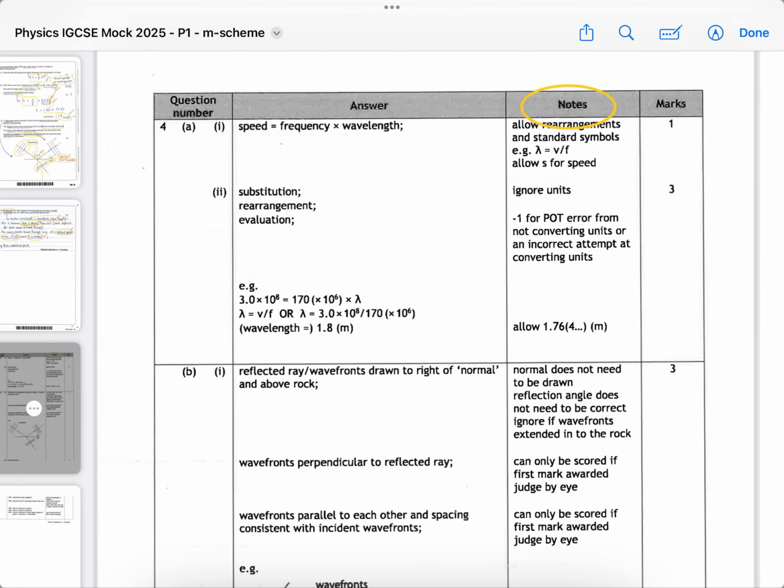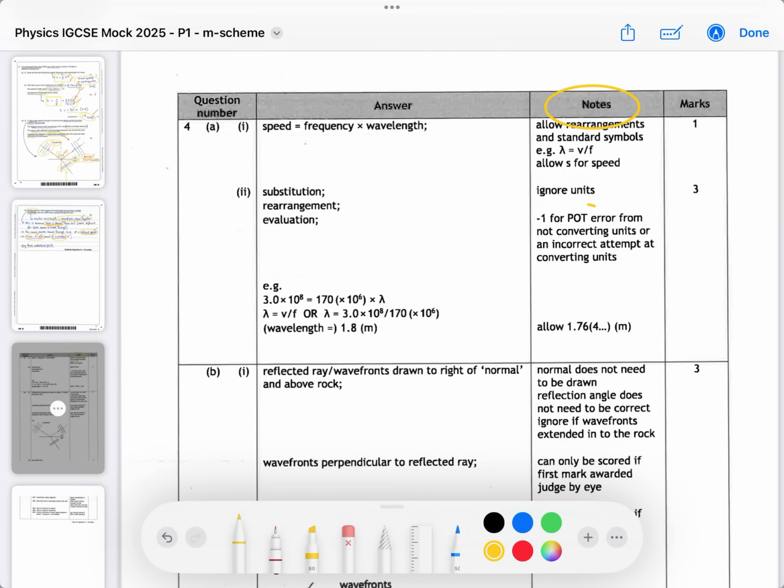So if you, for example, have got the power of 10 wrong, POT stands for the power of 10, like you forgot to change the mega into 10 to the 6, they will give you credit for the rest of it and just remove 1 mark for failure to change mega into 10 to the 6.